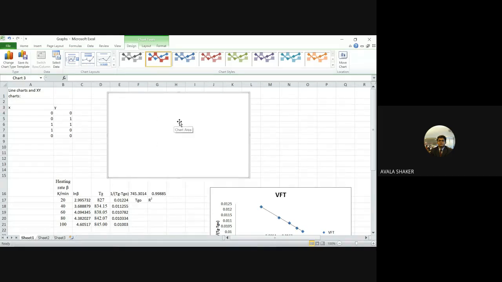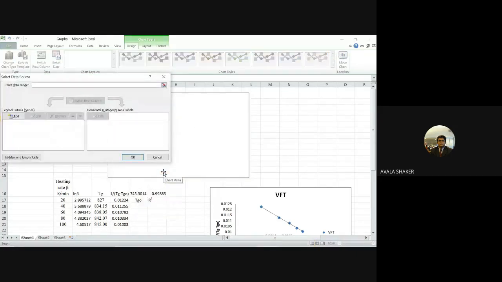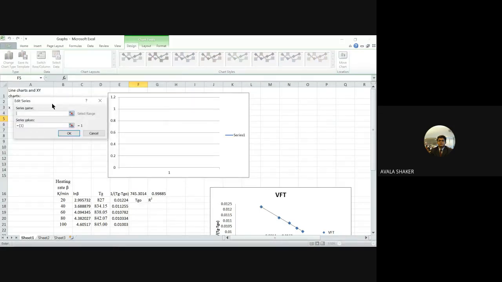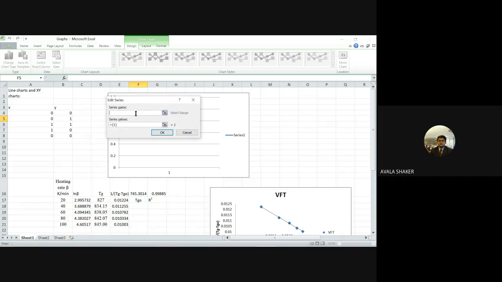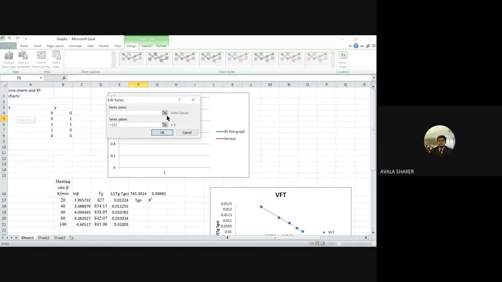You can right click on it and then select data. Can add. So we can give some series name to it. Let's say XY.